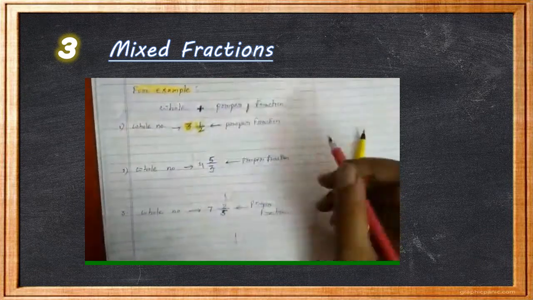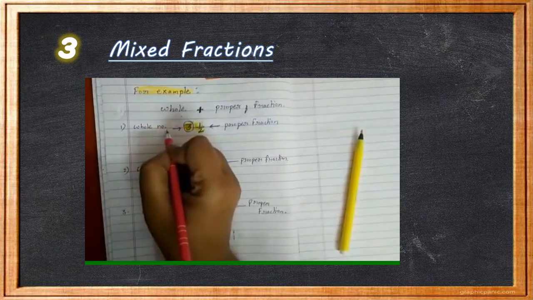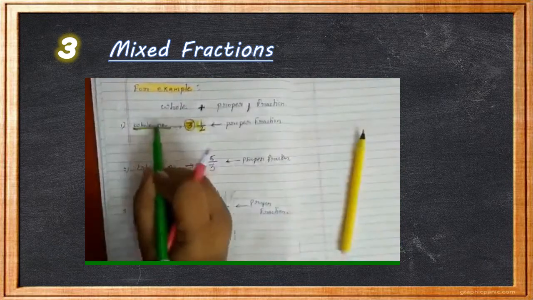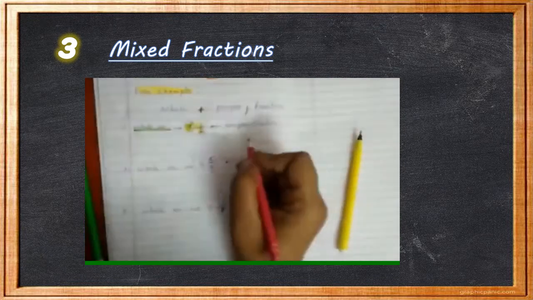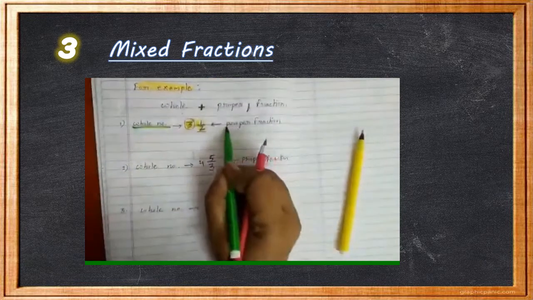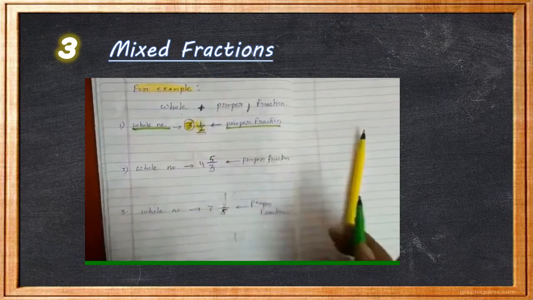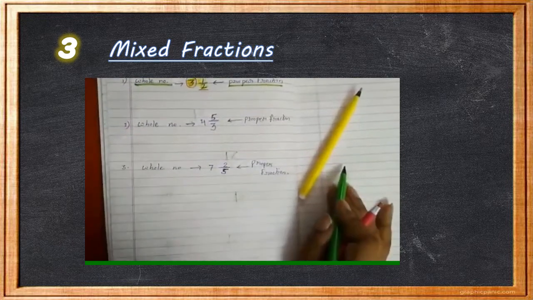So what is 3 here, children? Whole number. Yes. And this 1 by 2 is what? Proper fraction. Yes. Together 3 whole 1 upon 2 is what? Mixed fraction. Yes, children.